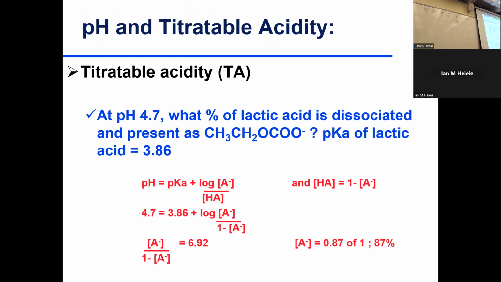We're solving for the A minus concentration. You can put a 1 here or 100 minus the A minus concentration. You just substitute here, and you get the value after you take the log.